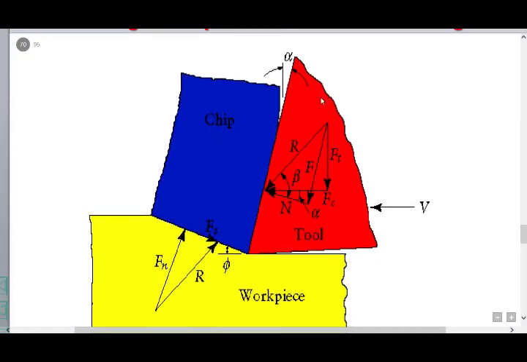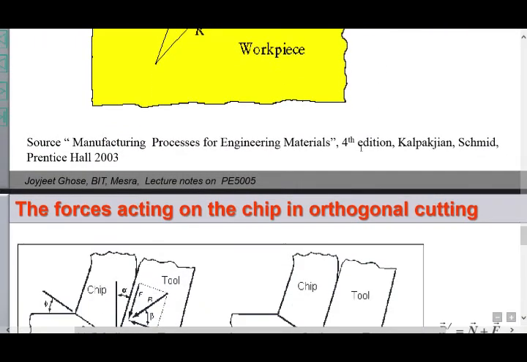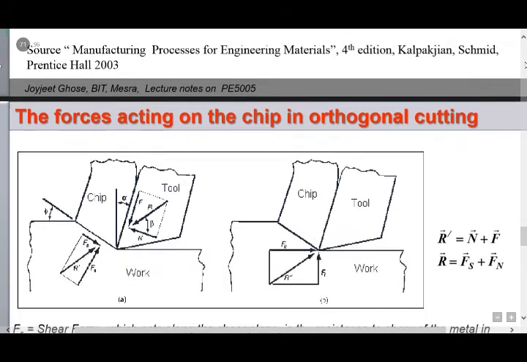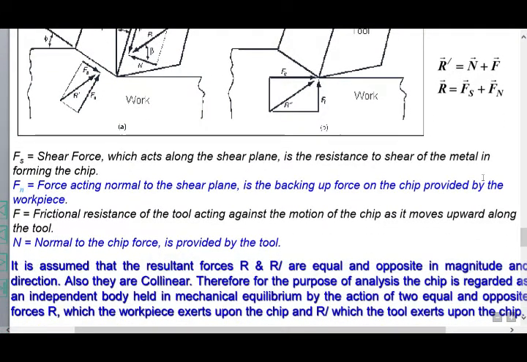Next, forces acting on the chip in orthogonal cutting. Fs is the shear force, Fn is the force acting normal to the shear plane, and F is the frictional resistance. N is the normal chip force provided by the tool.